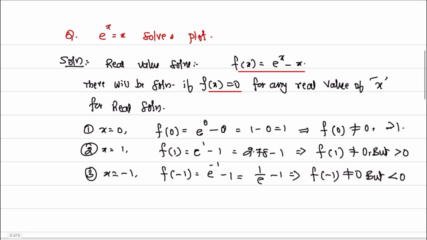That means at x is equal to 1, the value of the function is greater than 0. At x is equal to minus 1, the value of the function is less than 0. Can we say that there is a solution between x is equal to 1 and x is equal to minus 1?